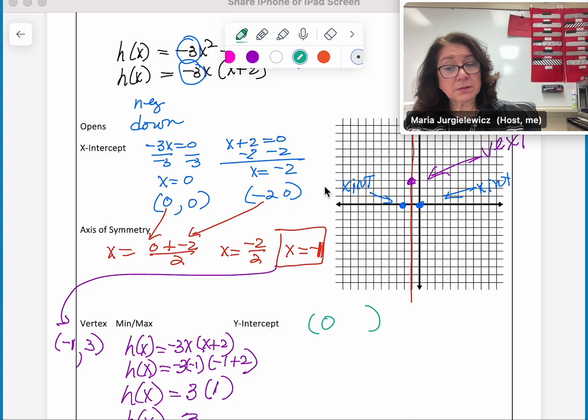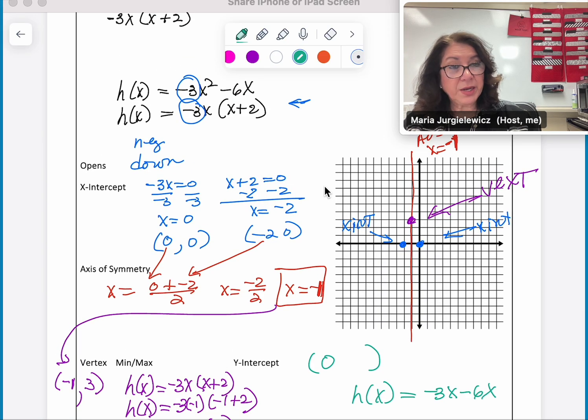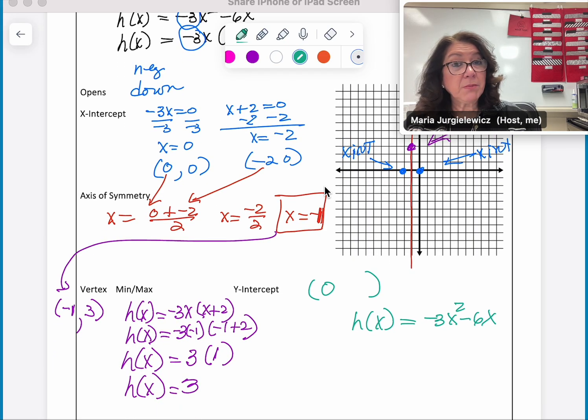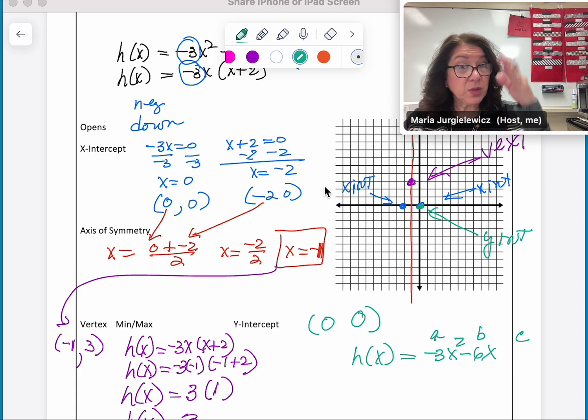I could plug it in, or I can look at my very first equation that was not factored, because I know that if that's my equation, my y-intercept is going to be my c value. Well, there's a, there's b, and c is way out here. Is there a c? No. So then that has to be 0. And that point there is also my y-intercept, because it goes through the y-axis.